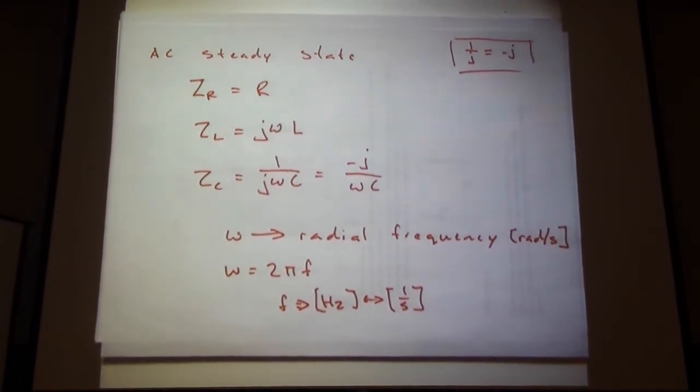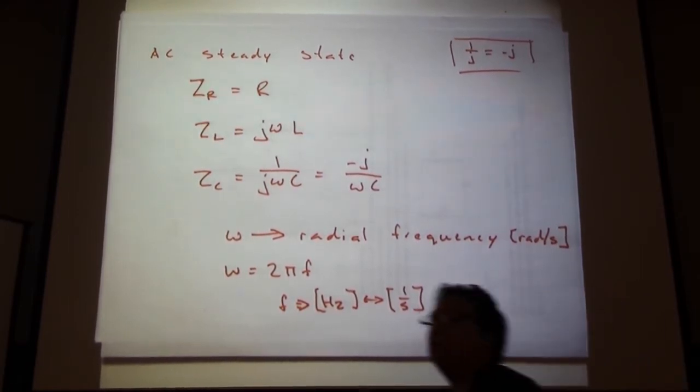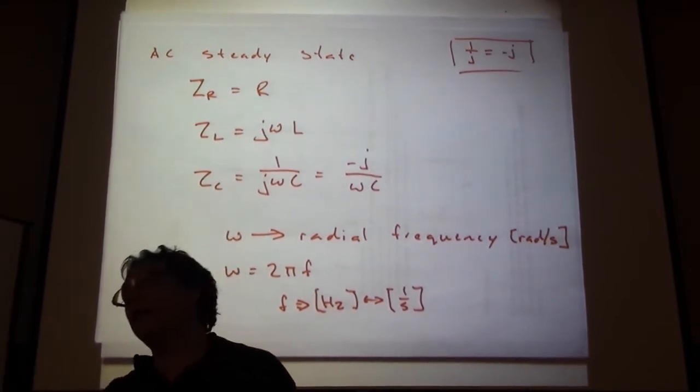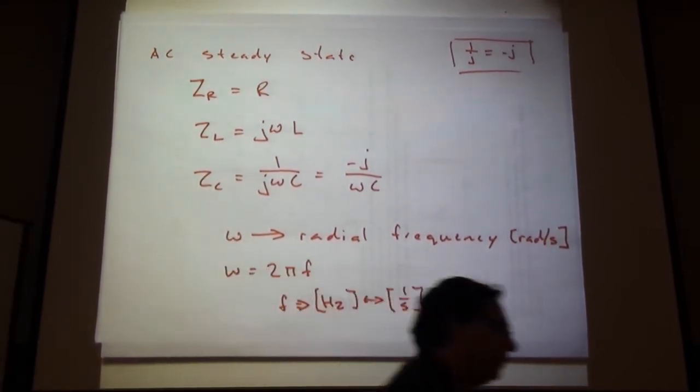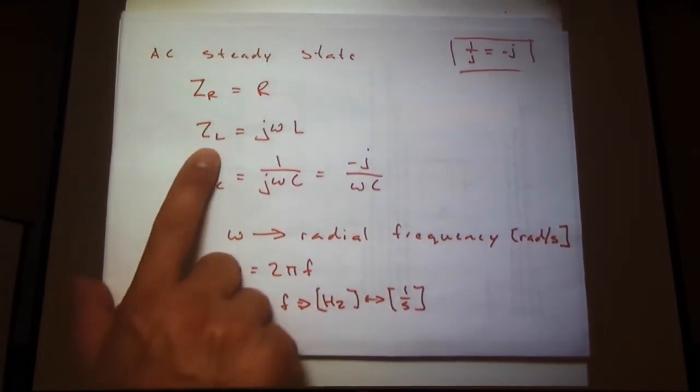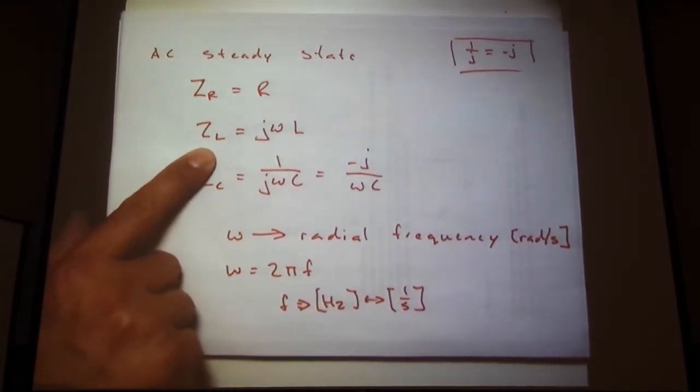On the flip side, now with AC steady state, this is a sinusoidal problem. What if our frequency cranks way up? So we look at frequencies in the gigahertz or terahertz or beyond. Well, as frequencies increase, what happens to ZL? It becomes an open circuit.